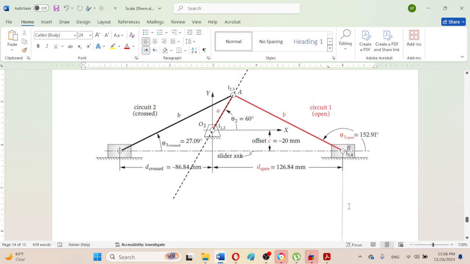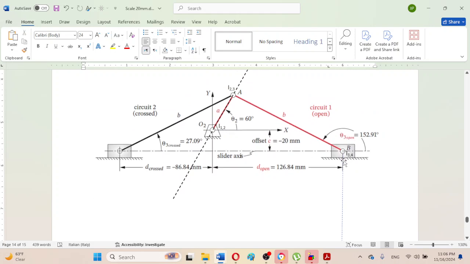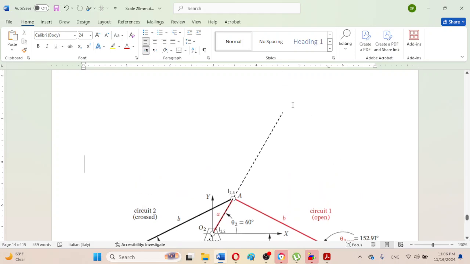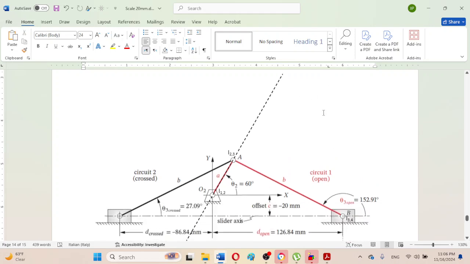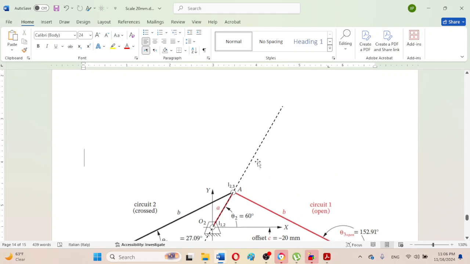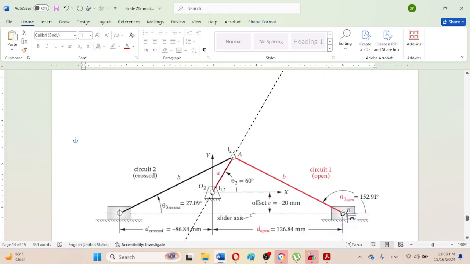When we extend this line in either direction, it will intersect this line here at this location. I can just extend this line instead of drawing another line.